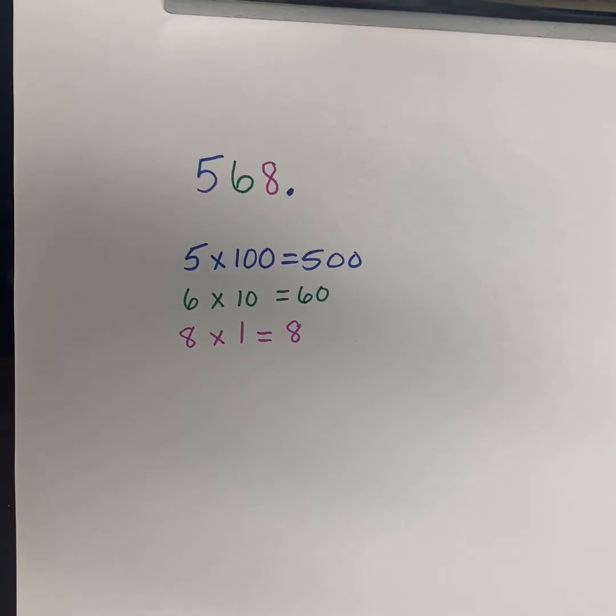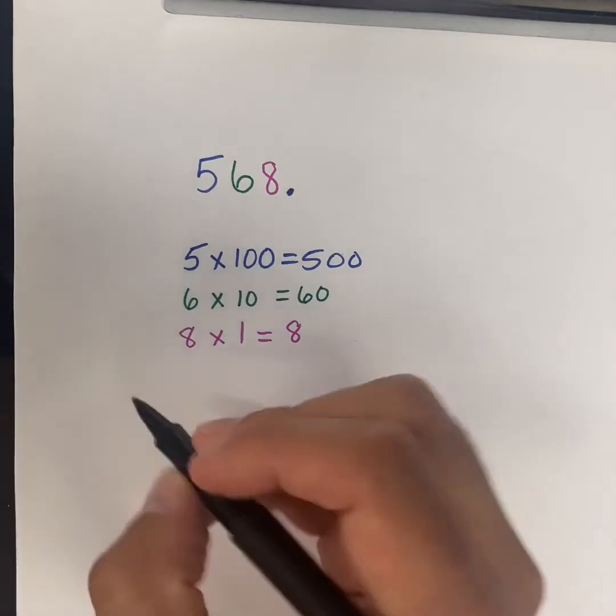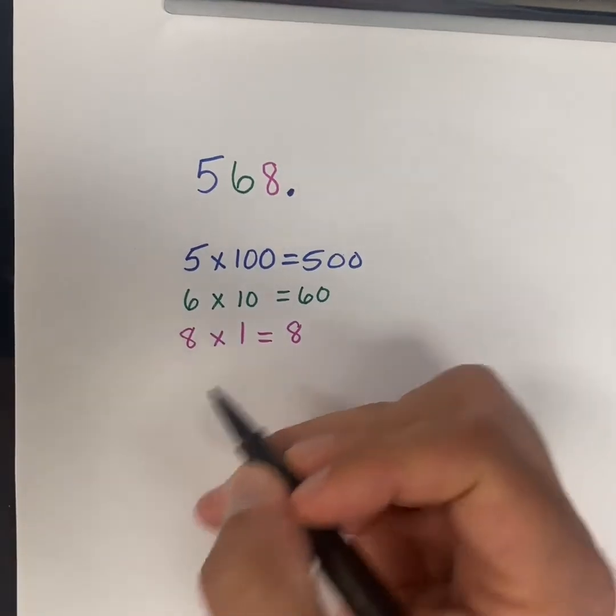Writing this number into expanded form would be putting all of these things together in a string. And I like to use parentheses to keep them apart.